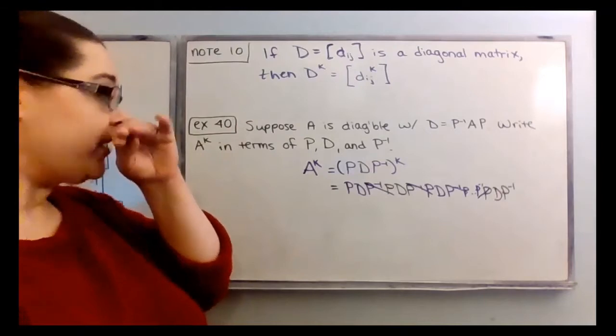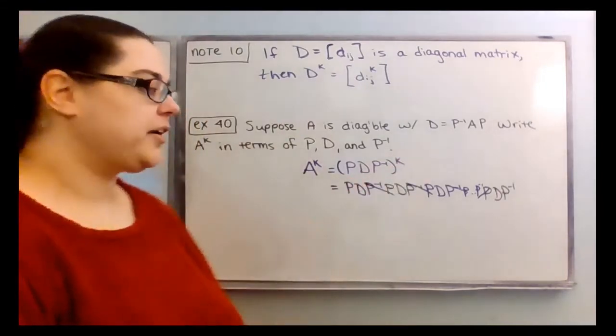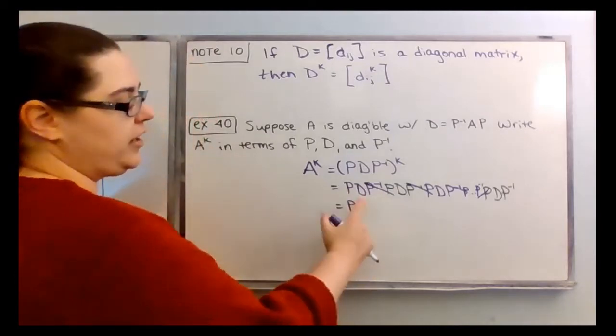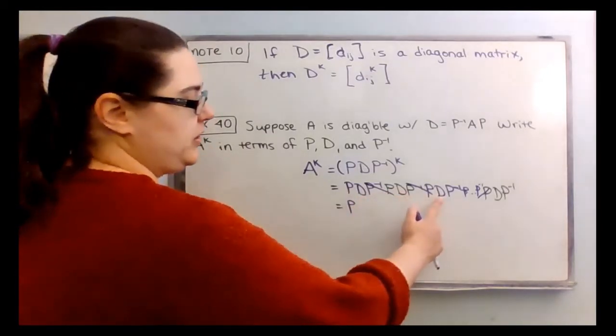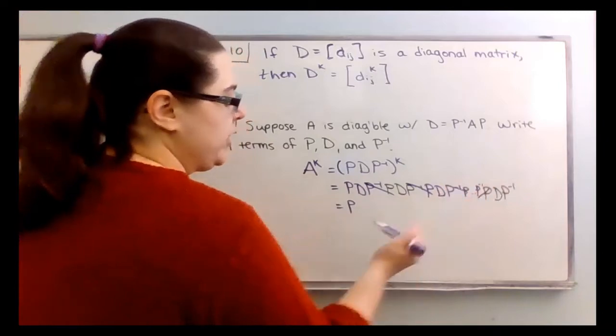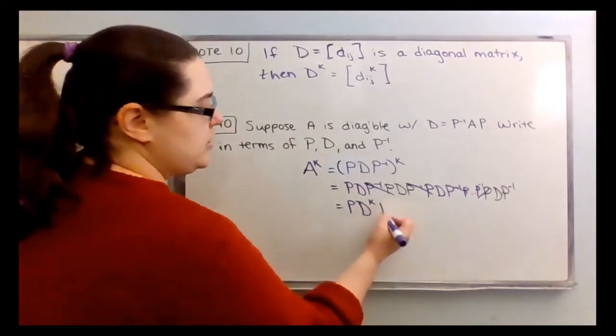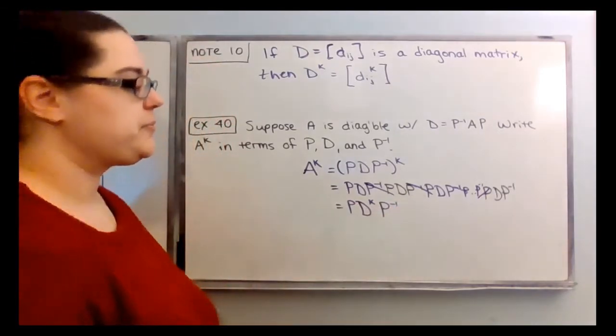So what happens is you get this really nice collapsing product. This P can't cancel, it stays in the front. And then I have D, D, D, all the way up. So this is going to be D to the Kth power times P inverse.